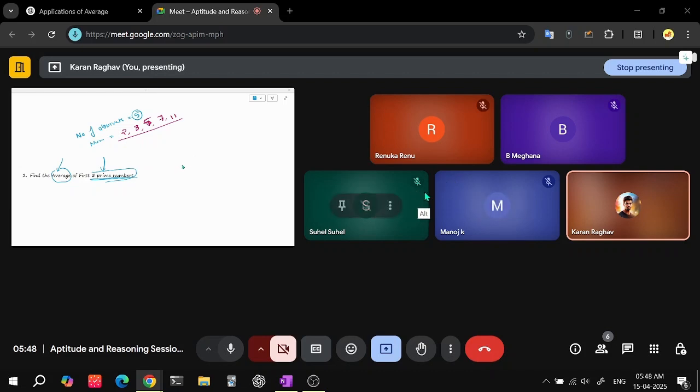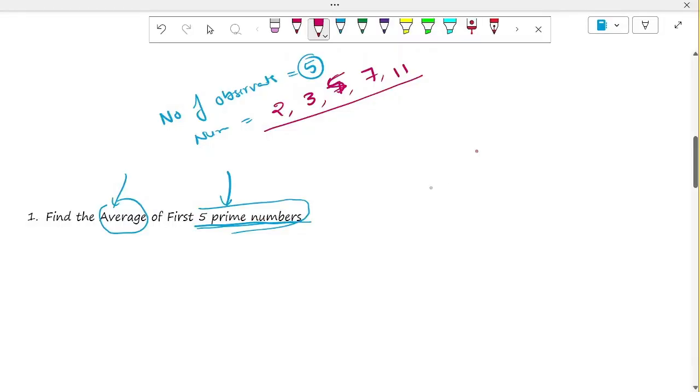So what is the sum initially? Let's go by sum. And whenever you are solving, I'll tell you a trick. Whenever you are adding things, you need to combine such values that will make your addition easier further. Just try to see this 7 and 3. On adding these both, it will give you 10.